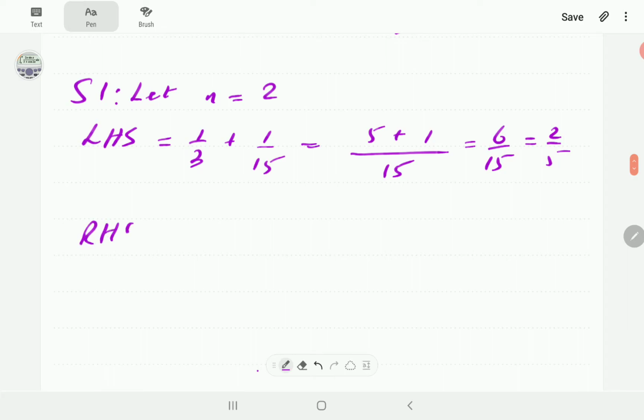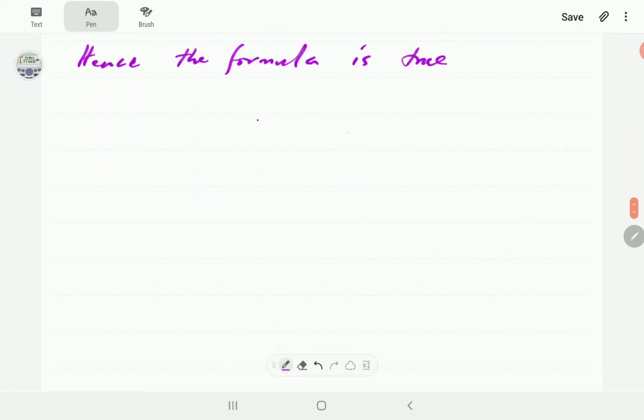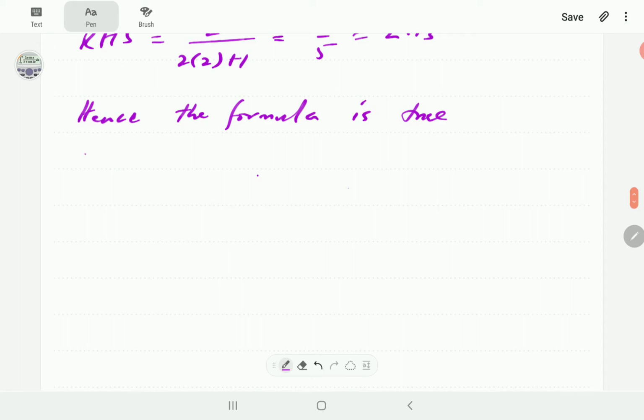Then the right hand side, we'll plug in 2 here, so it's going to be 2 over 5, which is equal to the left hand side. Hence the formula is true for n equals 2.